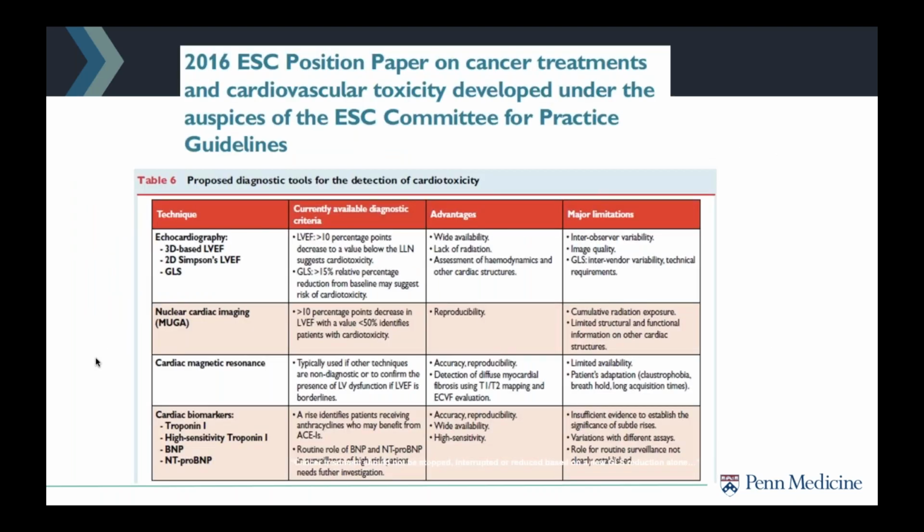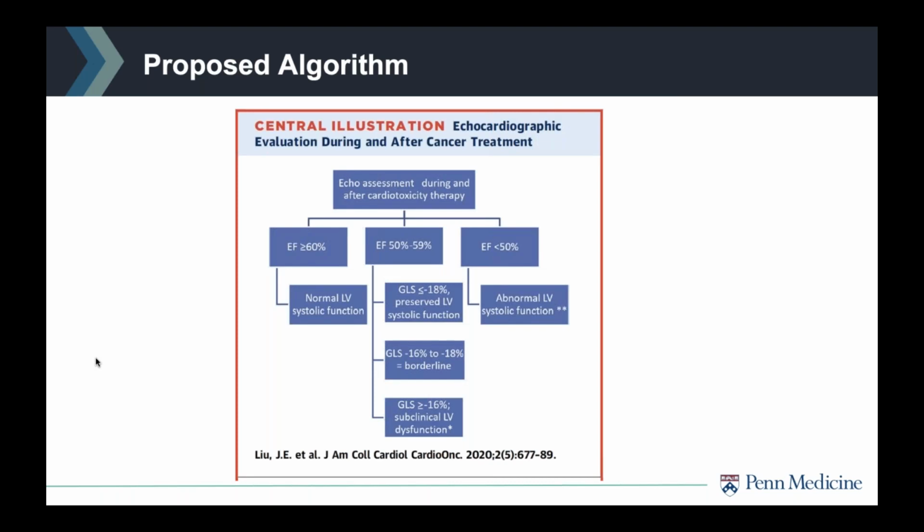Again, the 2016 European Society of Cardiology position paper suggests also that a GLS relative reduction of more than 15% from baseline is suggestive of a risk of future cardiotoxicity. A recent Primers in Cardio-Oncology also proposed an algorithm with the use of GLS in the low normal LVEF.